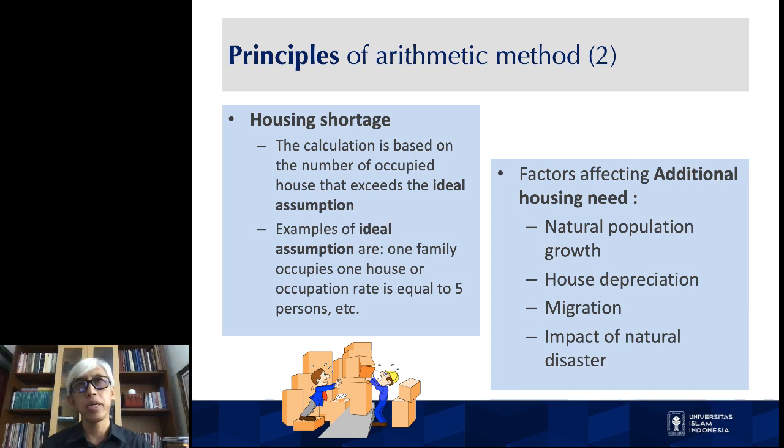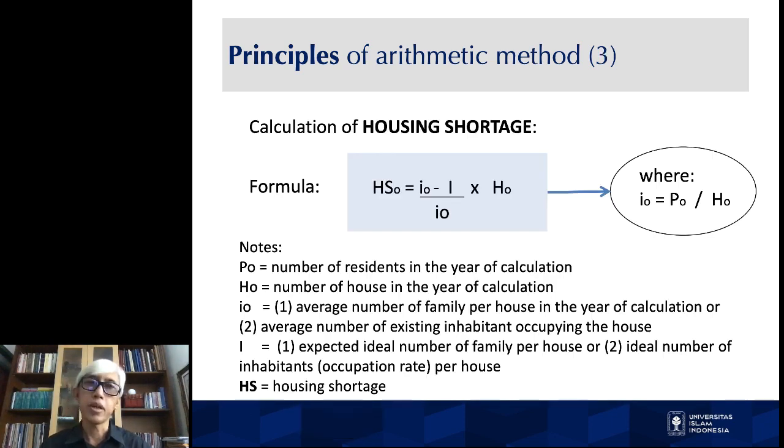Occupation rate means the ideal number of people who are supposed to live in one house. Then, factors affecting additional housing: for instance, natural population growth, house depreciation, houses that need to be repaired, migration, and the impact of natural disaster.